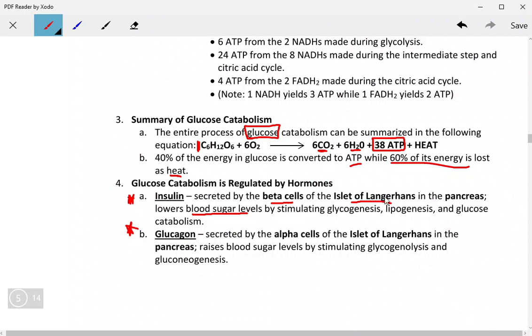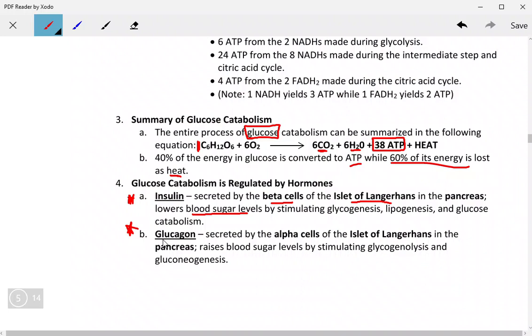Now, the opposite of insulin is glucagon. So glucagon has an antagonistic effect when you compare it to insulin. So when is glucagon released? Glucagon is released when your blood glucose levels drop below the normal range. Remember what I taught you.